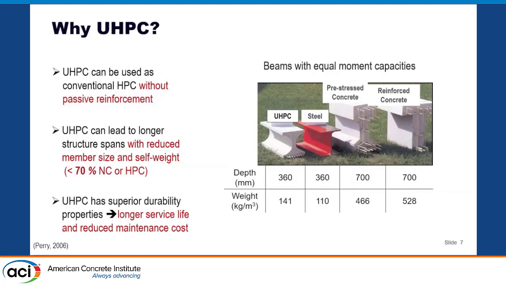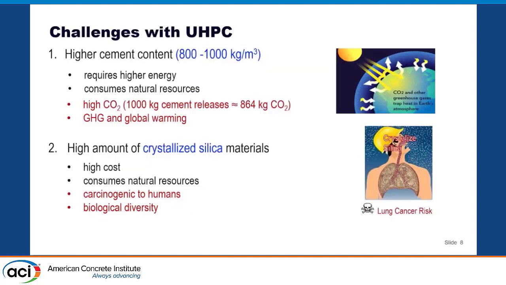UHPC also has superior durability, so it has a longer service life and reduced maintenance cost compared to normal concrete. However, despite good mechanical performance and durability, UHPC has big problems. It is fabricated with up to 1,000 tons of cement, which requires high energy, consumes natural resources, and contributes to greenhouse gases.